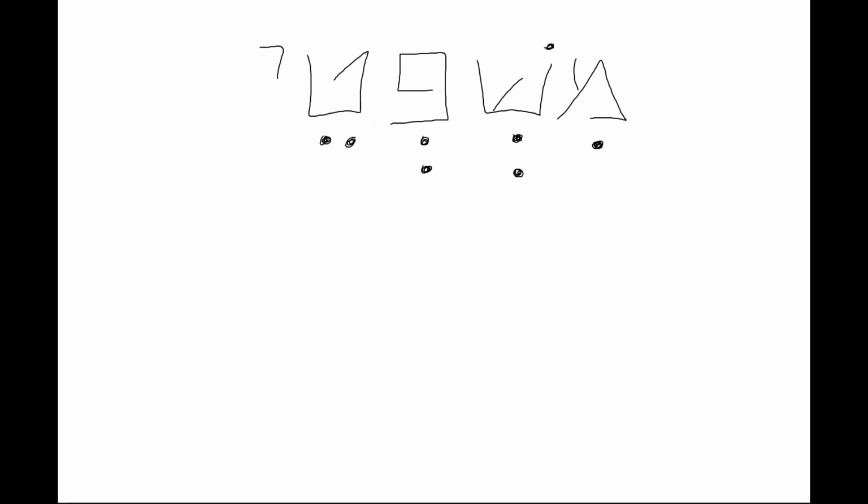Okay, so for example, the schwa under the shin of mishpete is silent, and the schwa under the pei, let's make sure that's a pei, right, the schwa under the pei is vocal. The word is syllabified as mish-pe-te.